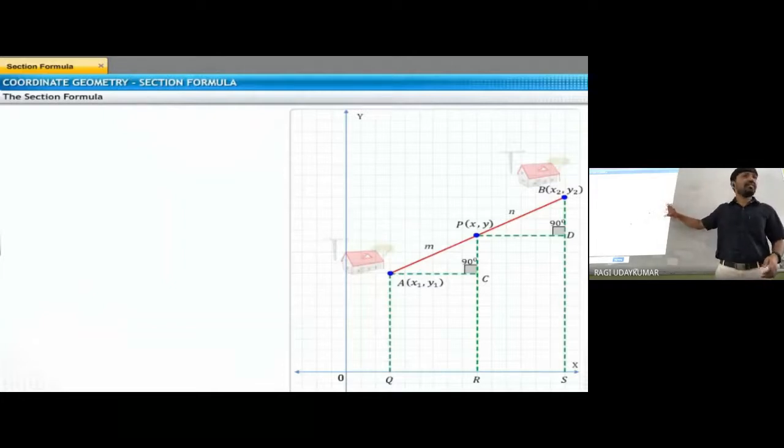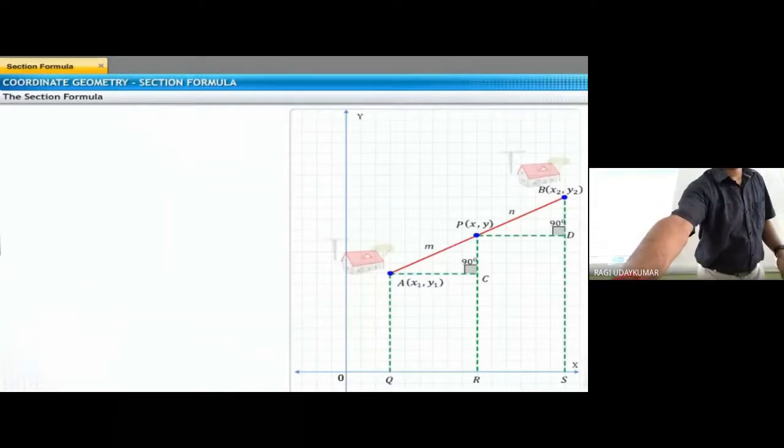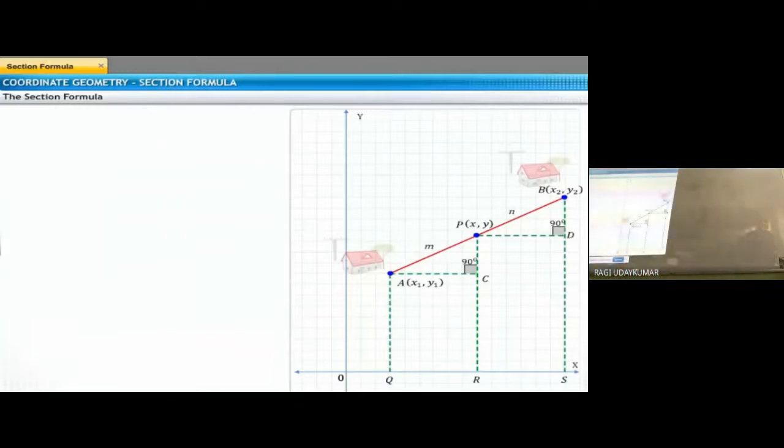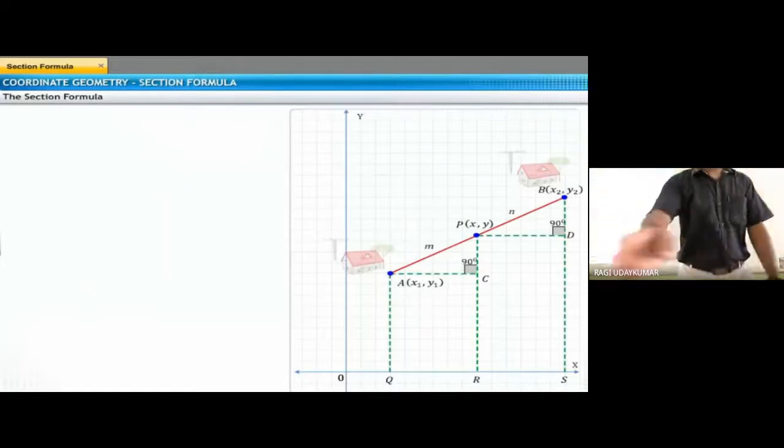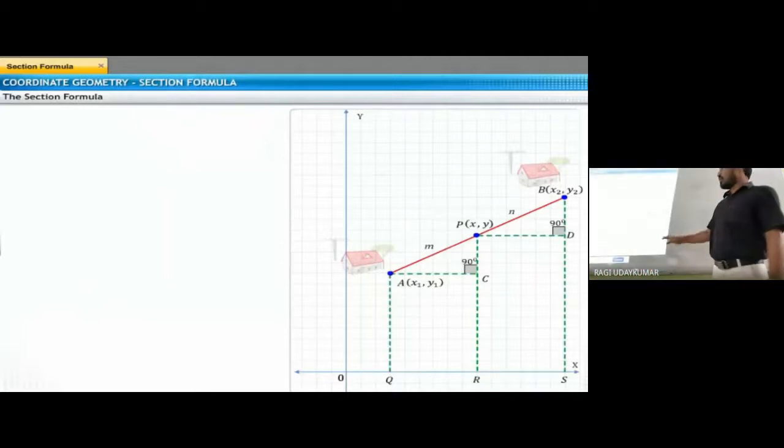What will the BD length be? How much is DS? BS. Yes, that's the coordinates.